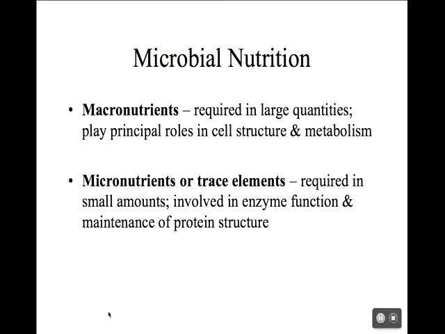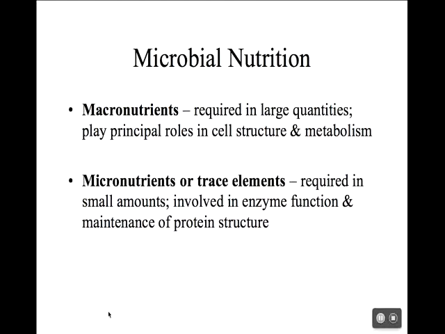Macronutrients are those nutrients required in large quantities by the cell. The cell's got to get a lot of these nutrients because they play principal roles in the cell's structure and metabolism. So those are the macronutrients, the things that the cell needs a lot of in order to survive. The micronutrients, sometimes called trace elements, are required in small amounts.